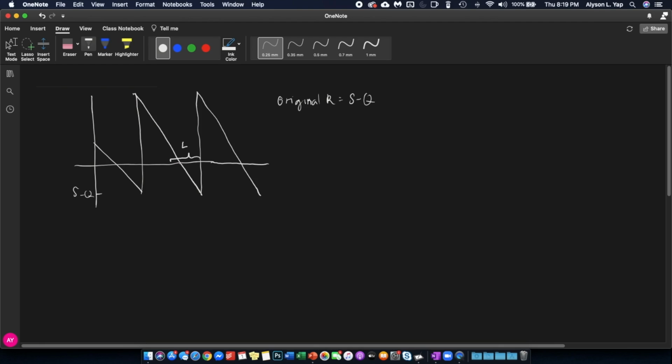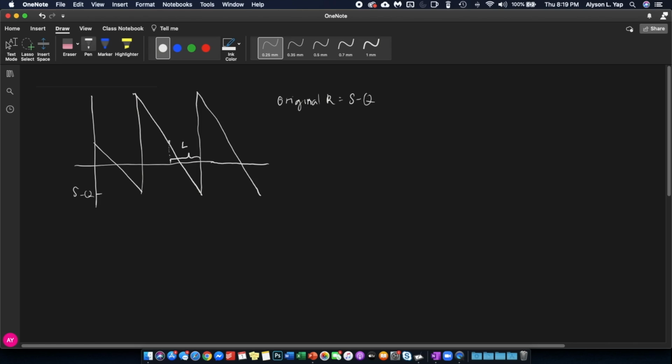Now, because the variable R is the reorder point, and the reorder point is in terms of inventory, then what you need to do is to get L units before this ordering point, and what you need to do is identify this part of the graph.